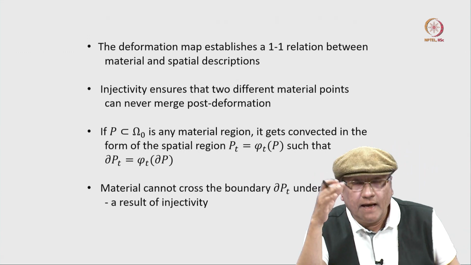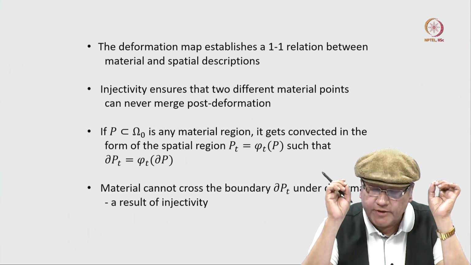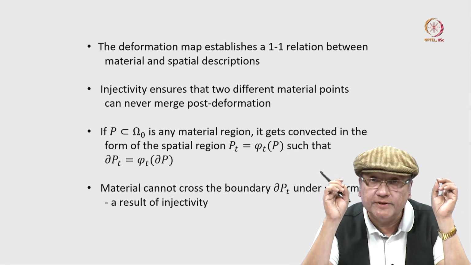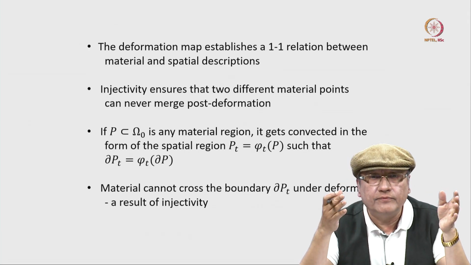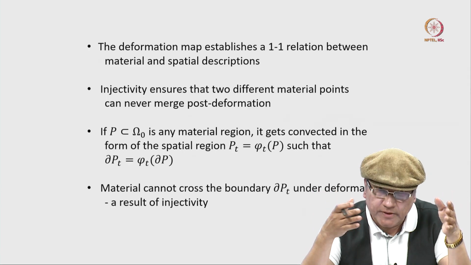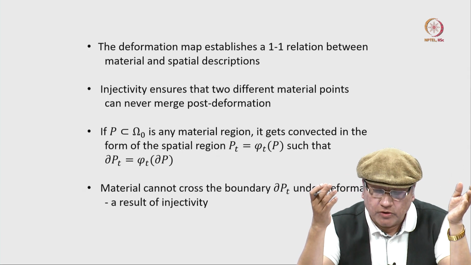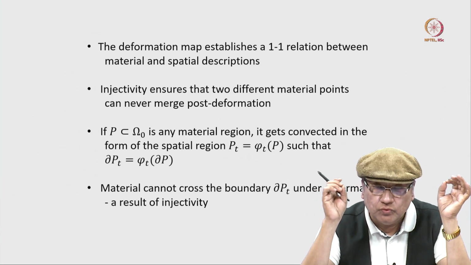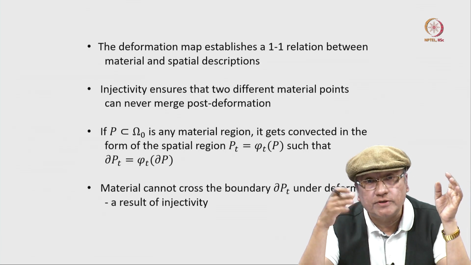So, now you probably understand that the deformation map establishes a one-to-one relation between the material and spatial descriptions. Most of you who are aware of the basics of continuum mechanics may be knowing this already. Now, injectivity ensures, as I said, that two different material points can never merge post deformation.